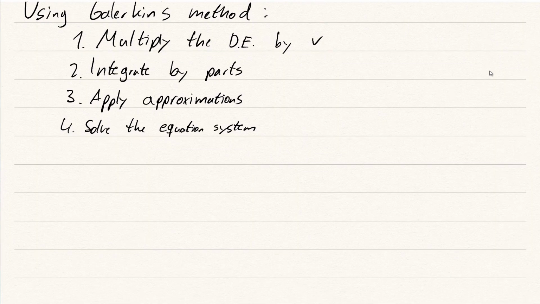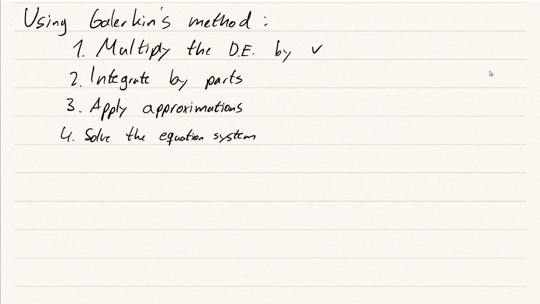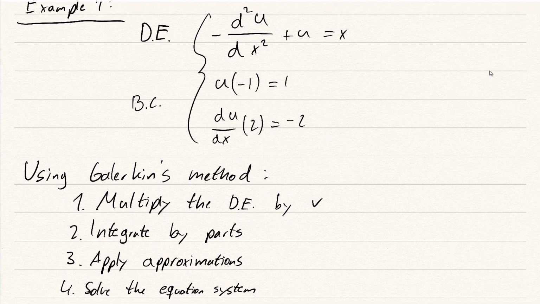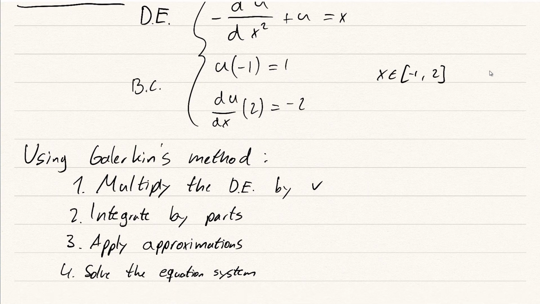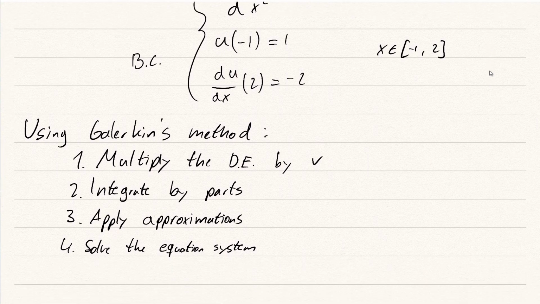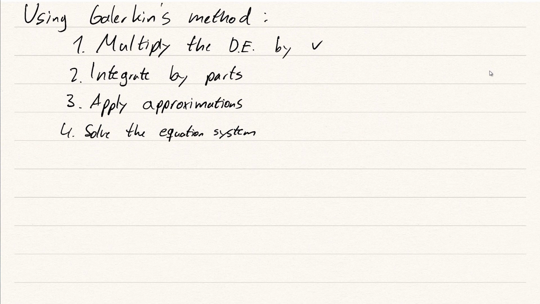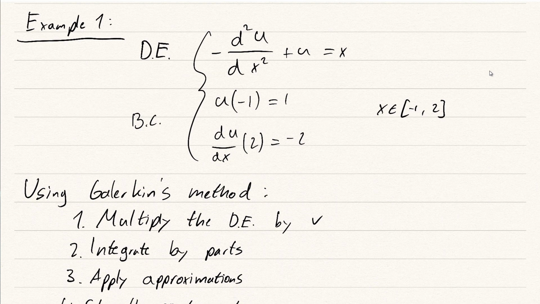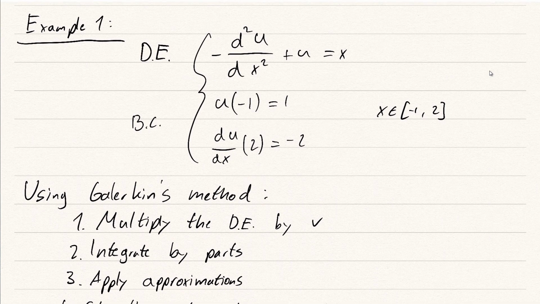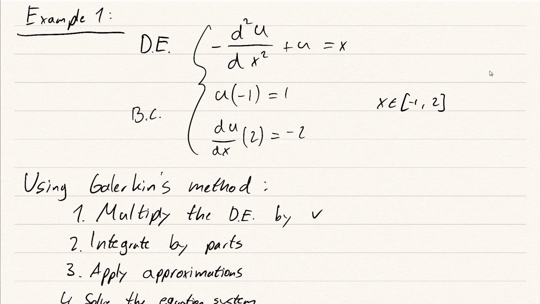Alright, so let's start. So first point is to look at what our bounds are. We have -1 and 2 here. So from this we know that x is in -1 to 2. Alright, so those are our integration limits. So we take the integral from -1 to 2, and we look at our differential equation here, and we expand that so that we get the following.